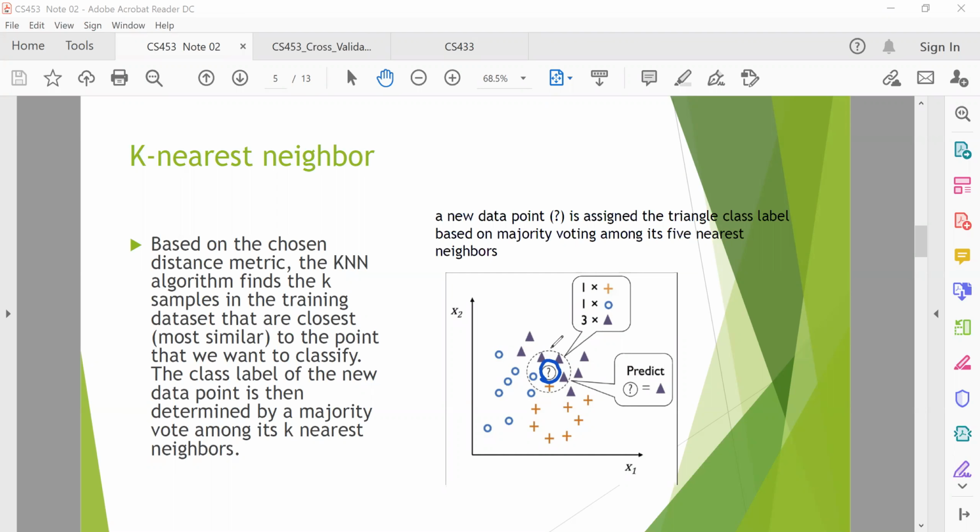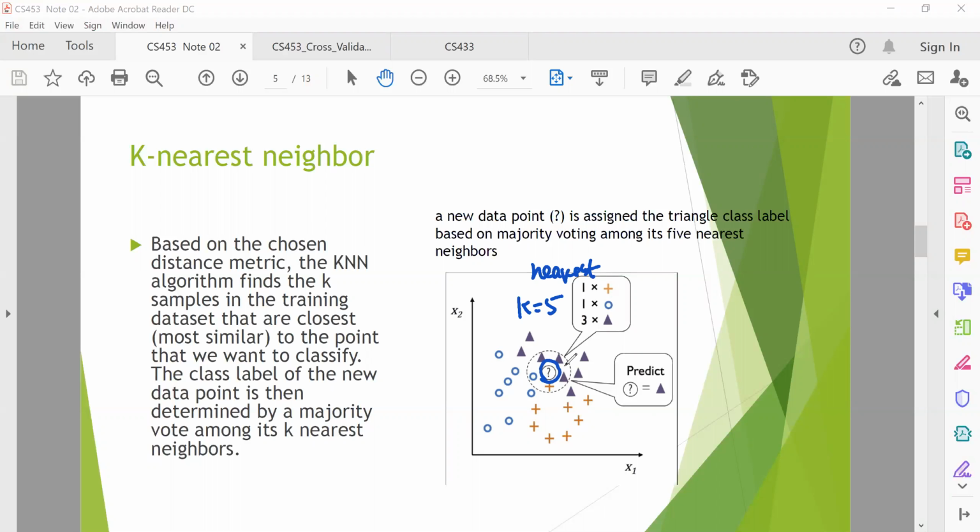So over here we said, okay, K is 5. So we are going to choose the 5 nearest neighbors. And this nearest definition is based on the distance that you define, okay? Then you are going to see what their classes are. So over here you have 3 triangles, 1 circle and 1 cross.